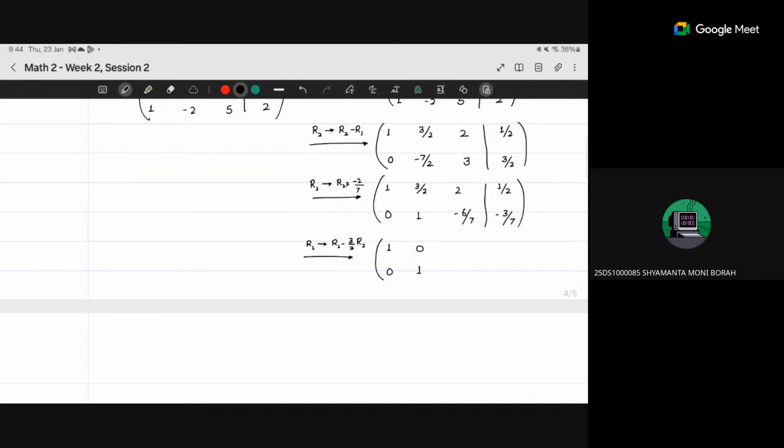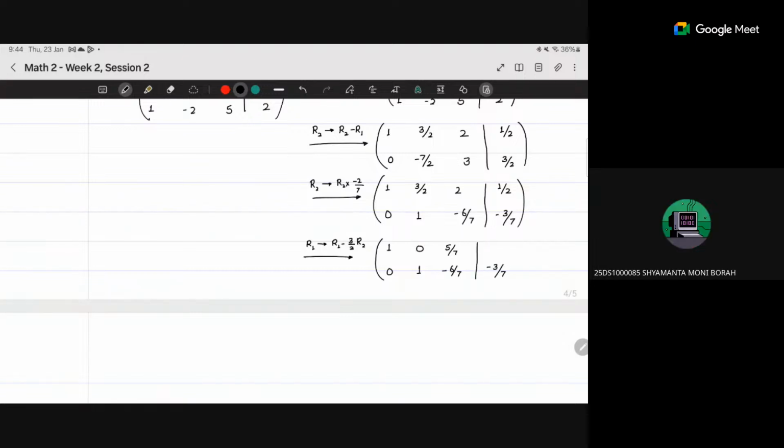Minus 3 by 2 R2 will be 9 by 7. Is it 2 minus 9 by 7? Yeah, which is 5 by 7. So this will be 5 by 7.